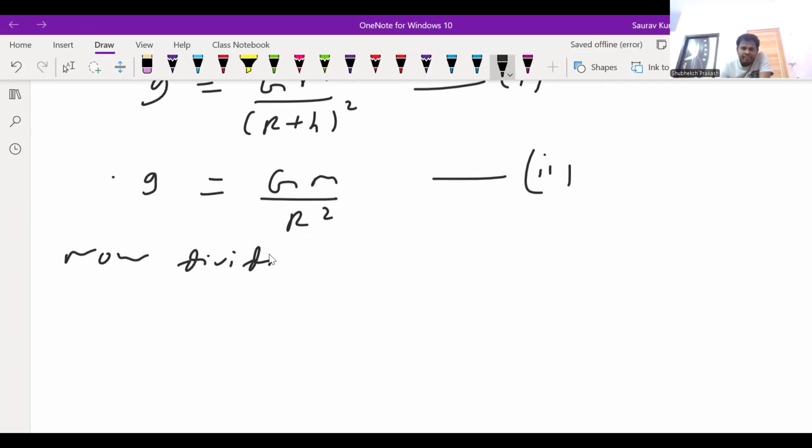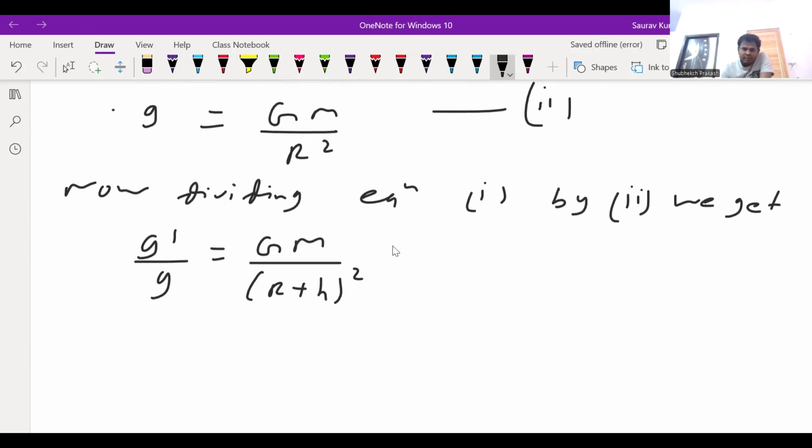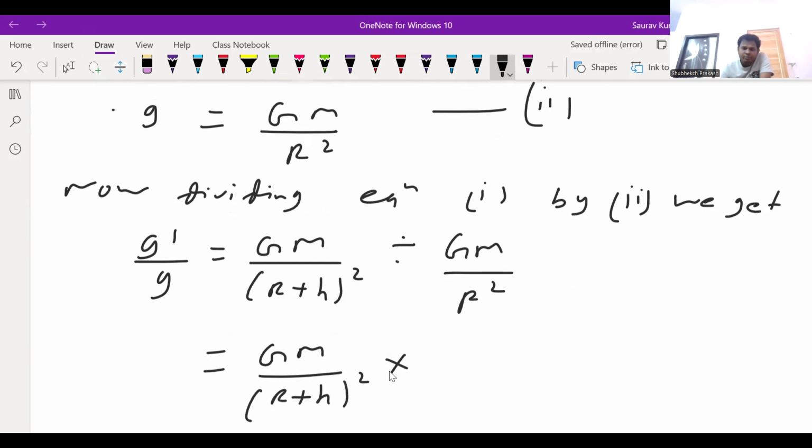Now dividing equation 1 by 2, we get g dash by g. How much do we get? GM by R plus h whole square divided by GM by R square. We will get GM by R plus h whole square into R square by GM.